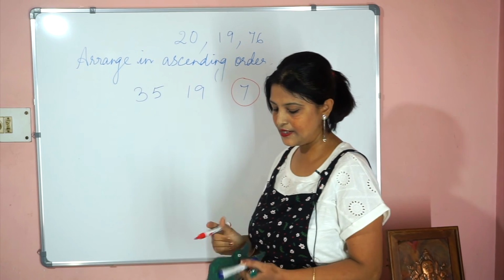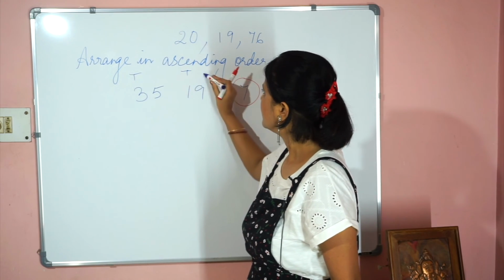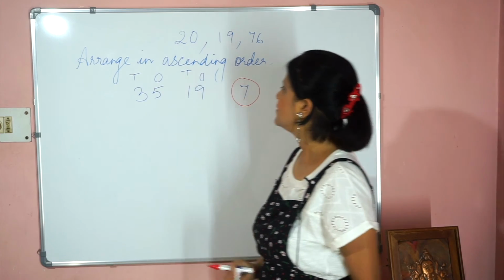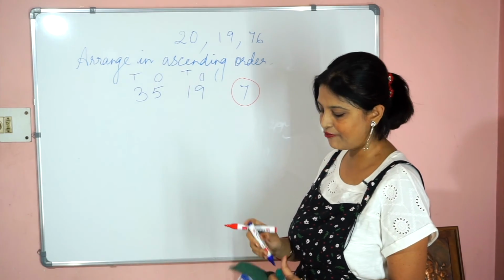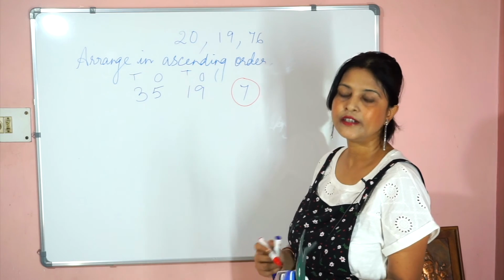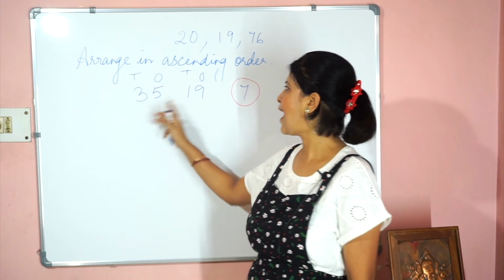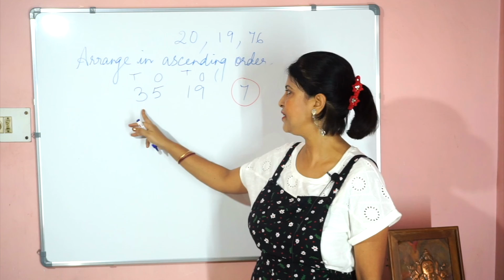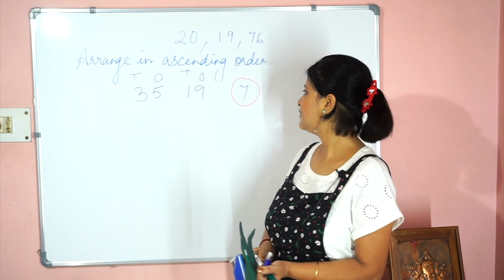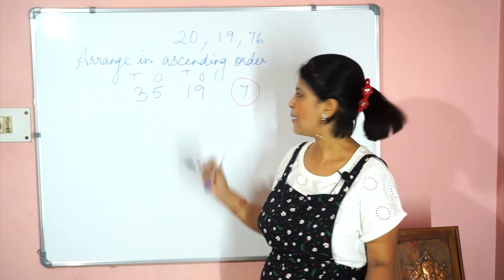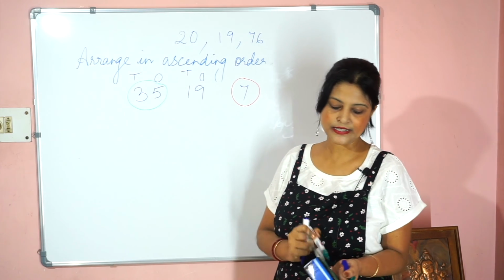Tens place you can see, this is the ones place, right. So, tens place digits are 3 and 1. Obviously, 3 is greater than 1. So, 35 is the greatest number now, or 35 is greater than 19.